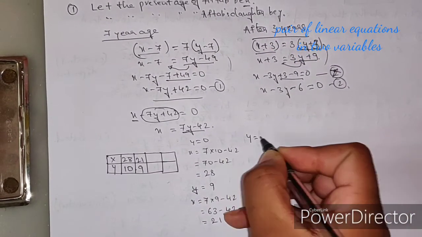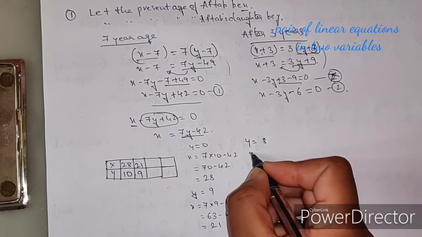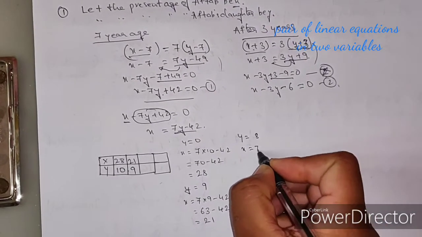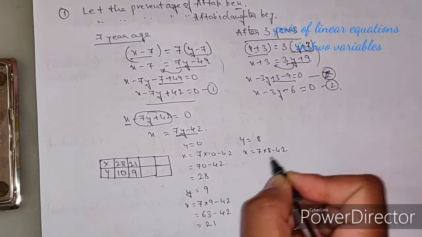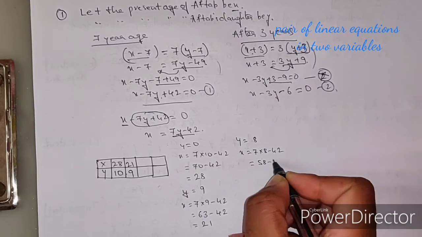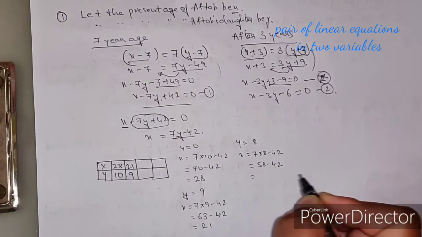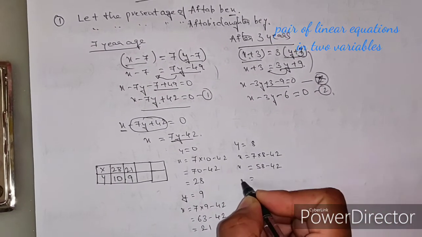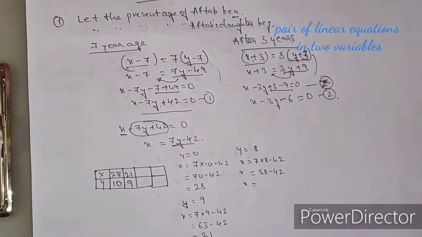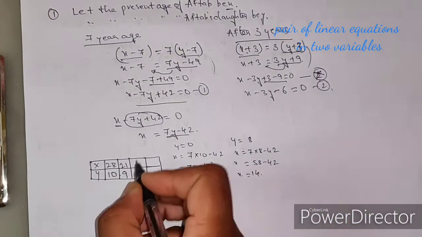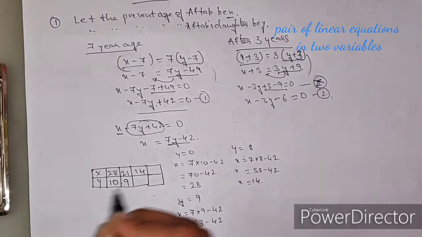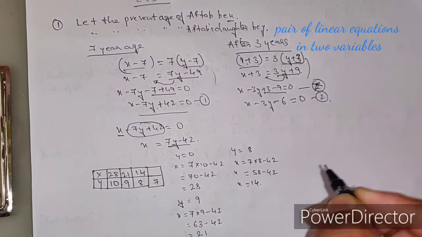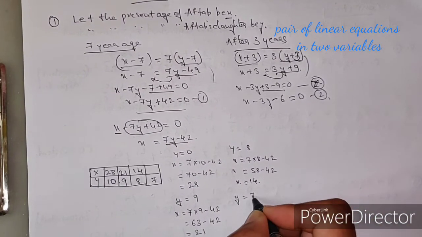If y is equal to 8, x will be equal to 7 into 8 minus 42. 7 into 8 is 56 minus 42. 56 minus 42 gives 14. Y is equal to 7.